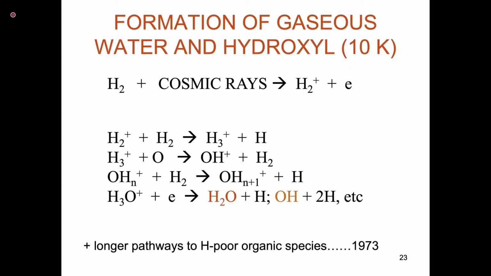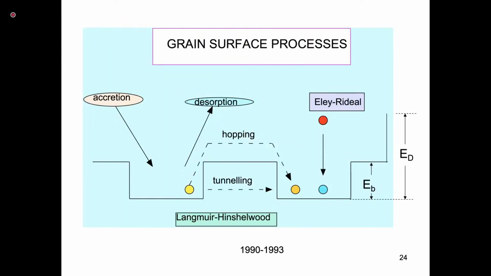So anyway, here on the other hand we have reactions on a surface. So here's what a surface looks like. It's not smooth. It has wells and barriers. And molecules or atoms come down and stick on wells, and then move a little by hopping over barriers or tunneling through barriers.